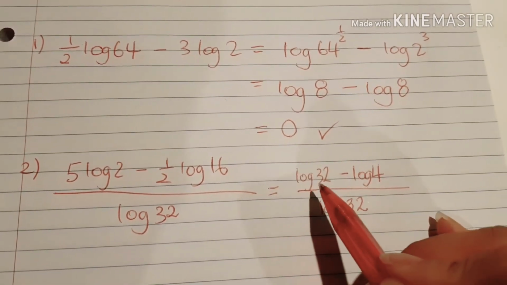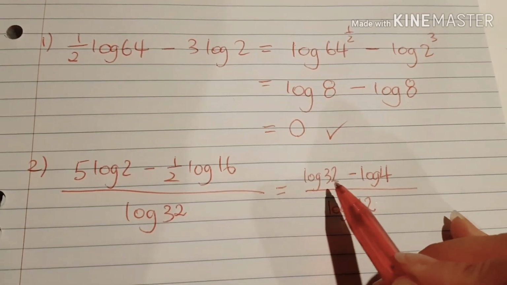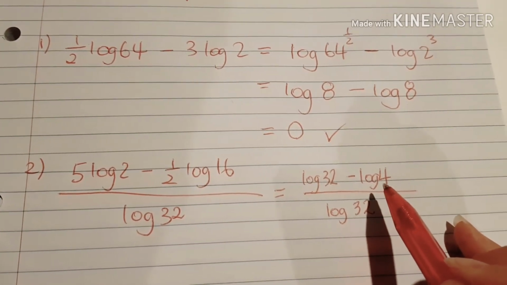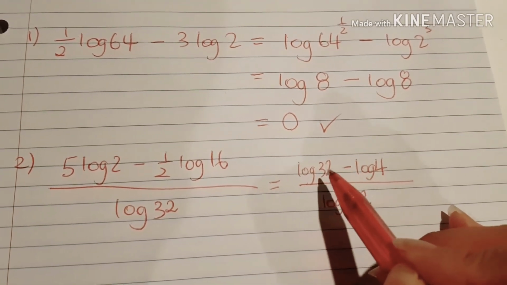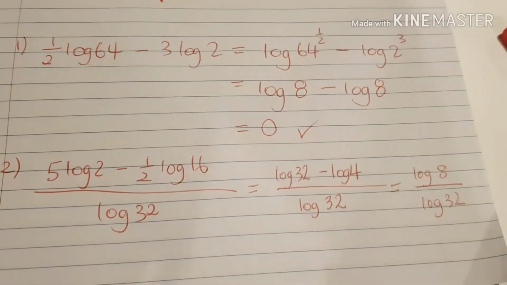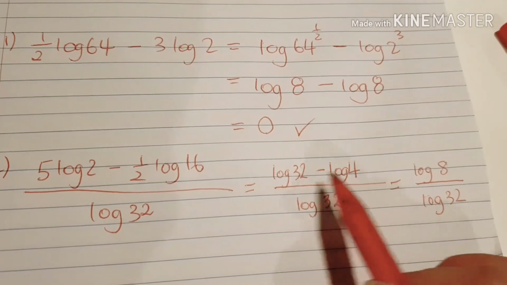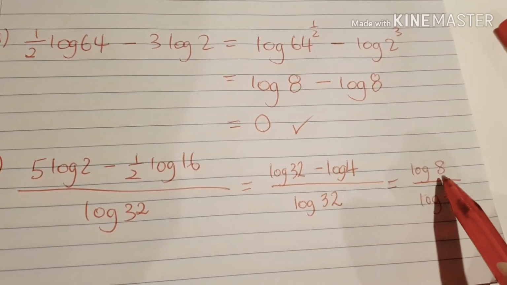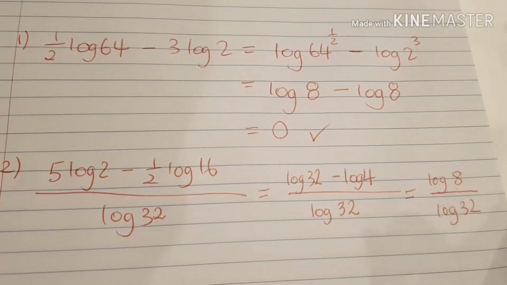Then I can still simplify the top one, because it's log 32 minus log 4. According to yesterday's lesson, the second rule, if I minus the log, we divide 32 by 4, which I get 8, and I just brought log 32 all along.